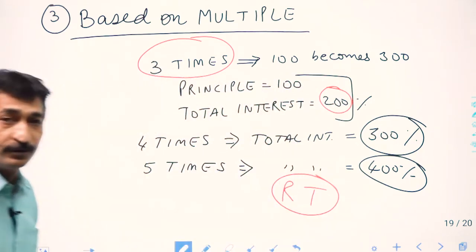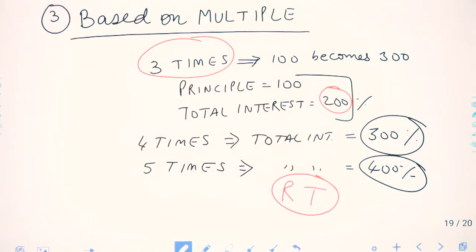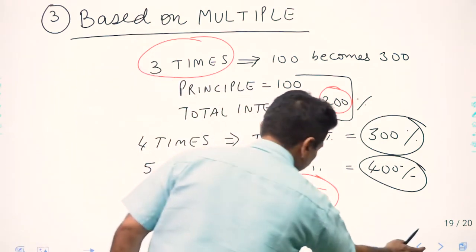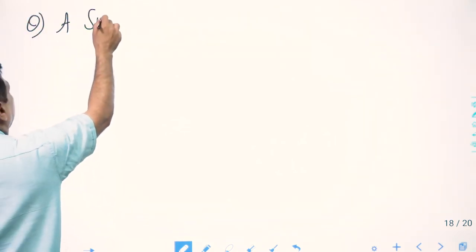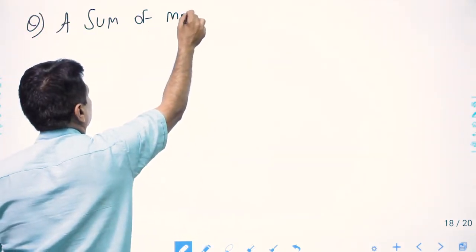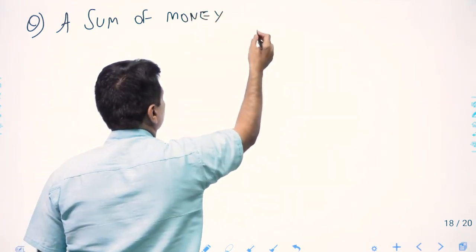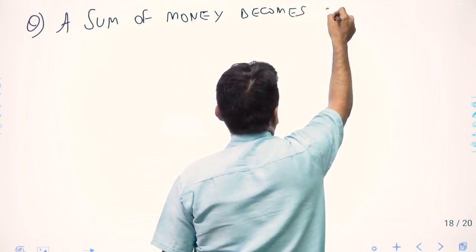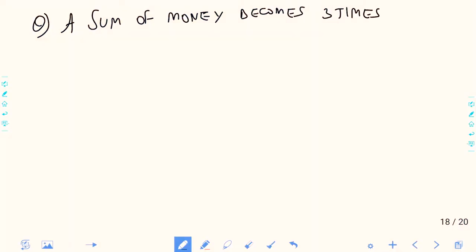Please copy it down, if you are writing along with me, please do write down with me. Suppose I take a question: a sum of money becomes 3 times in 20 years.